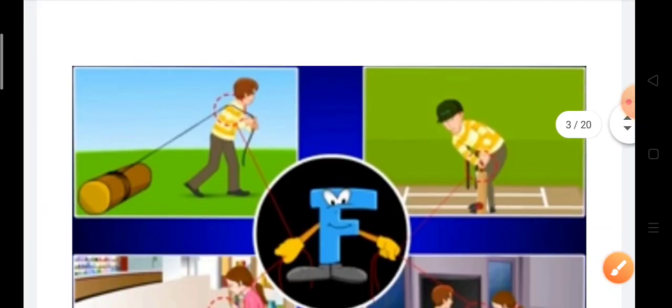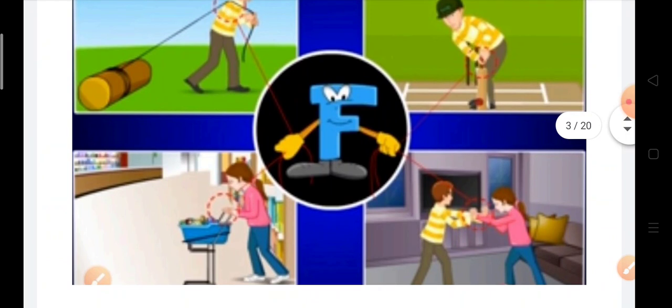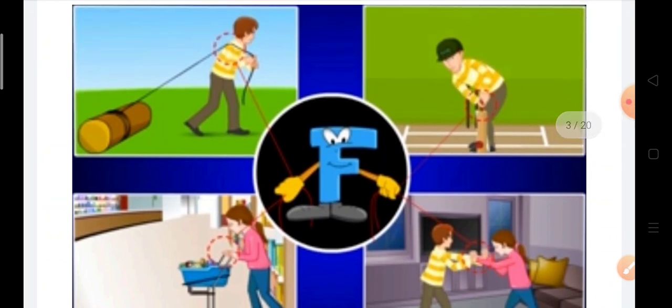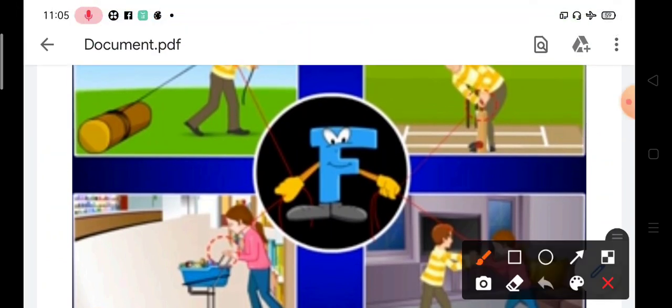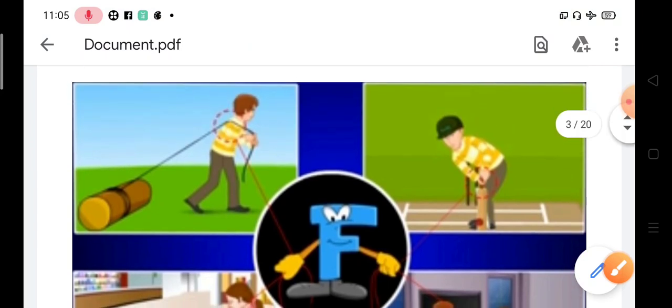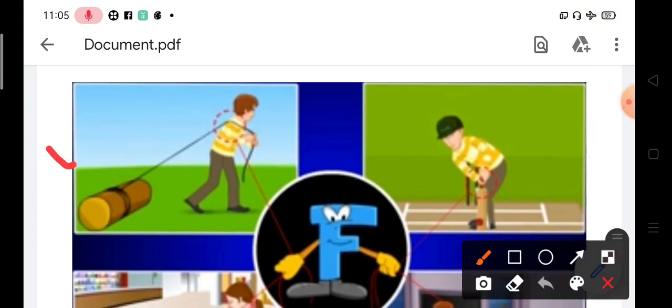We'll continue. Here in this first picture you can see that this boy is pulling the log of wood. Through this circle you can see that he's pulling this log of wood by applying a force through his shoulders, by holding it tightly with his hand.